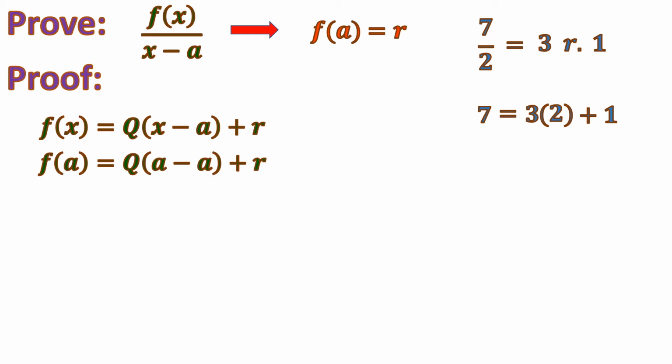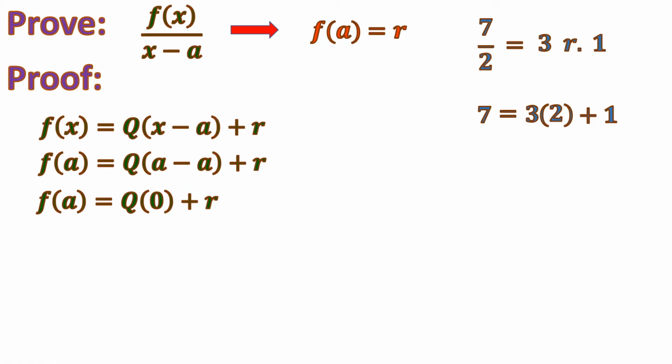What we are after is to get f of a equal to r, the remainder. Since that's the idea of the theorem, if we change x to a, the f of a must be r. So here we substitute it, and then we're going to subtract a minus a, which is 0.